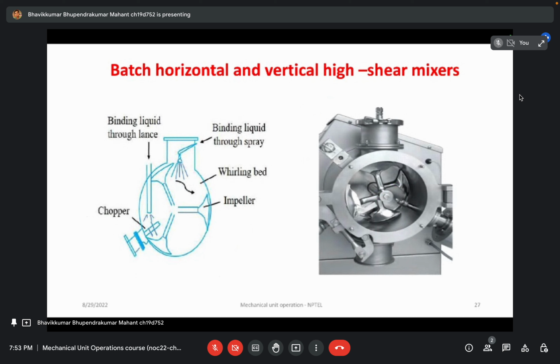If we talk about the horizontal high shear mixer, there is a spherical structure in which you are providing motor driven impellers, and a binding liquid can be sprayed over, and a chopper can be rotating in order to control the particular size. And this is the actual picture of this horizontal high shear mixer.